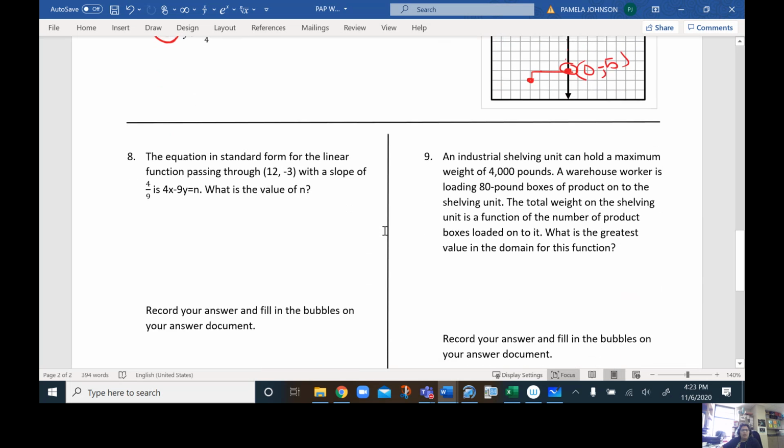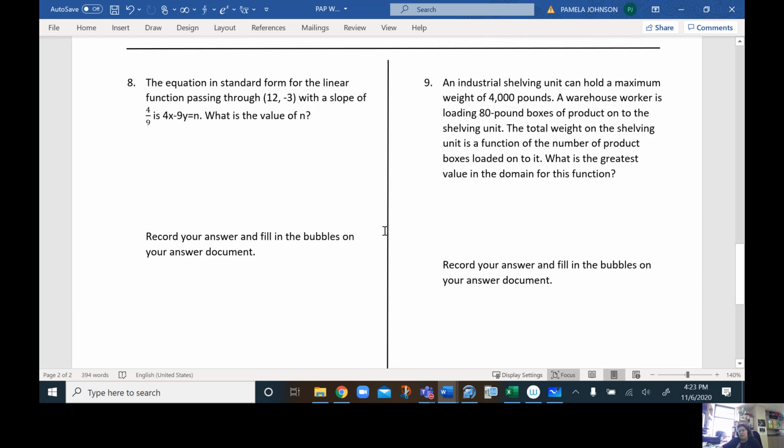All right. We only have 3 more questions to go over. On number 8, the equation in standard form for the linear function passing through 12, -3 with a slope of 4/9 is 4x minus 9y equals n. What is the value of n?